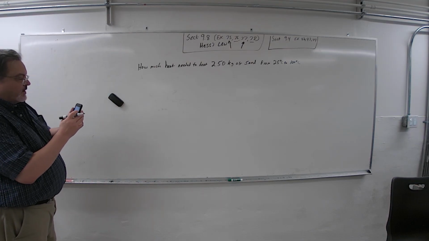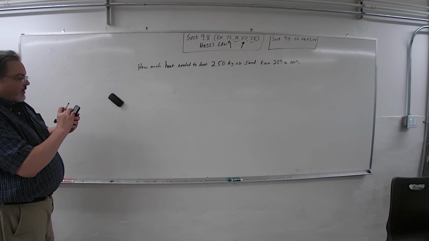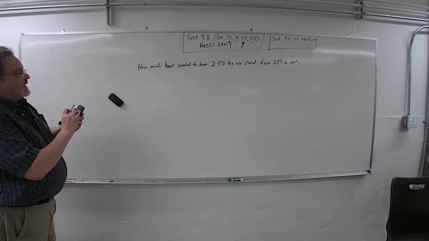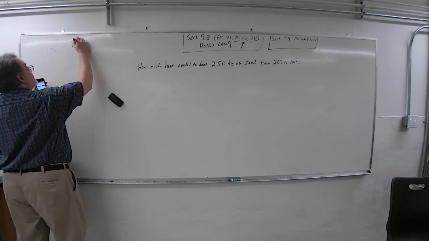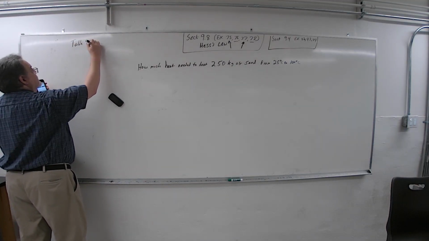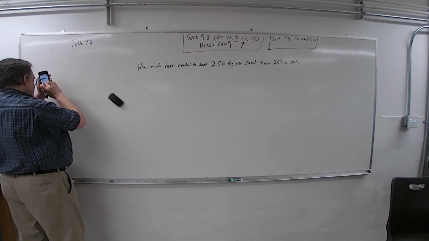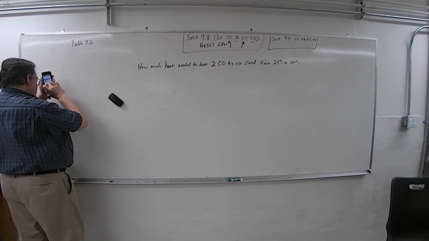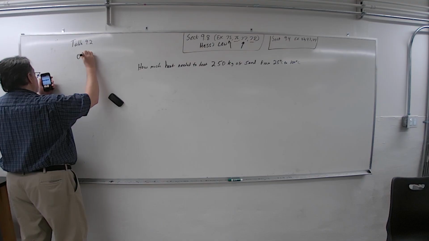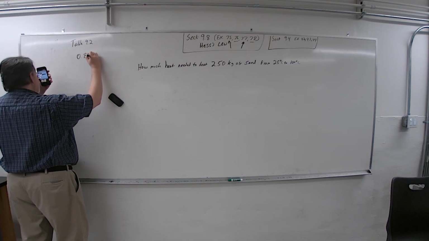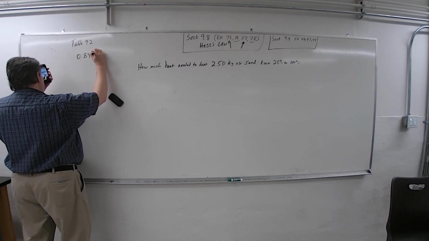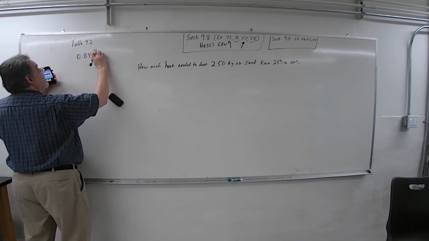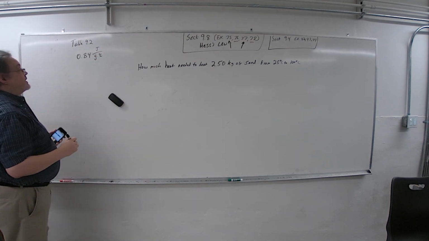Okay, what I need here. Table 9.2, I'm going to get this from table 9.2, which I'll give you on that test. I'll give you any specific heats you need. This says for sand, and the units are joules per gram per degree C. Those are the units.